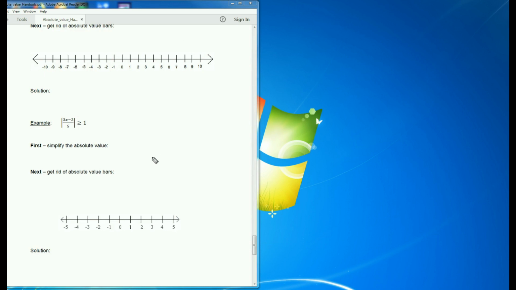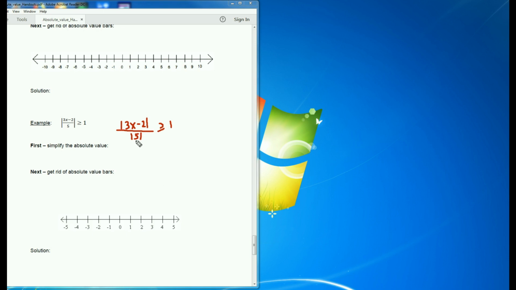Absolute value of (3x minus 2) divided by 5 is greater than or equal to 1. The first thing we can do here is simplify the absolute value expression, because if you go back to the very first page of the notes, the properties of absolute value, we can split this into absolute value of 3x minus 2 over absolute value of 5, is greater than or equal to 1.